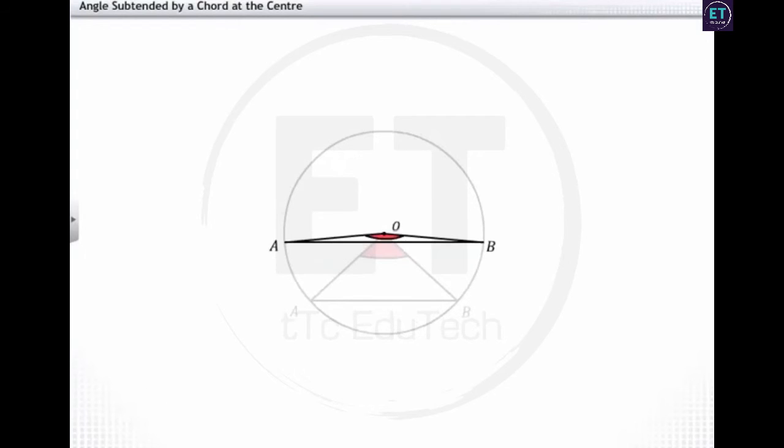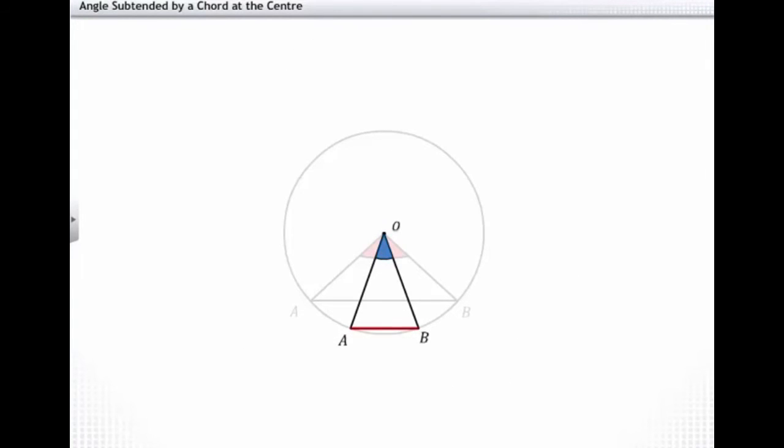As the chord AB moves closer to the center O, it increases in length. The angle subtended by AB at O also increases. As the chord moves away from the center, its length and the angle subtended by it at the center decrease.